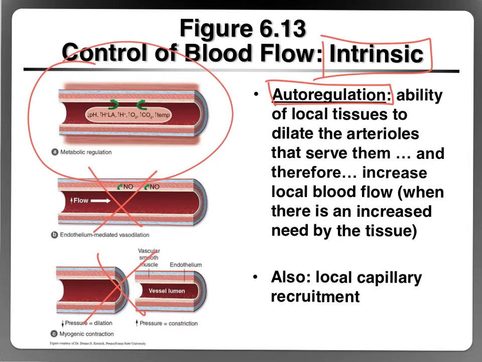So the types of stimuli that cause this to happen are the things that are happening during exercise. During exercise, you're going to get a drop in pH. You're going to get a rise in hydrogen ions and lactic acid.